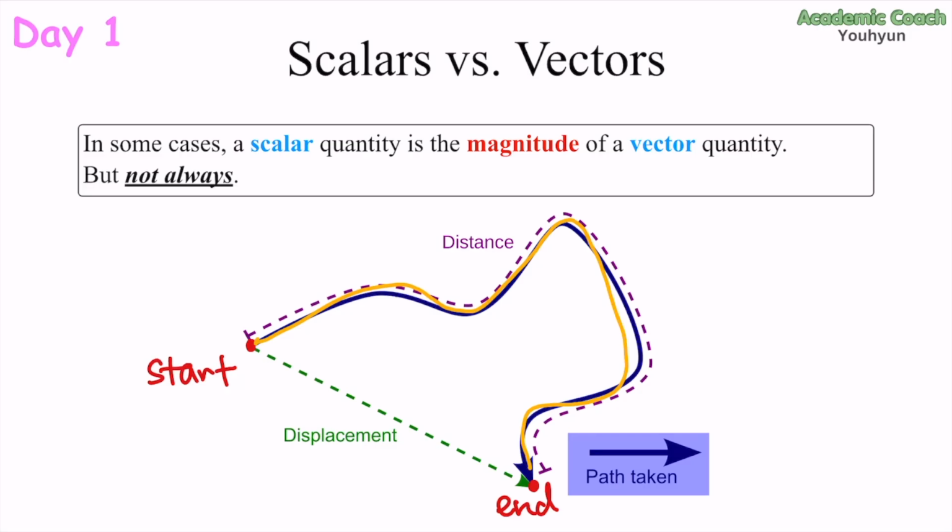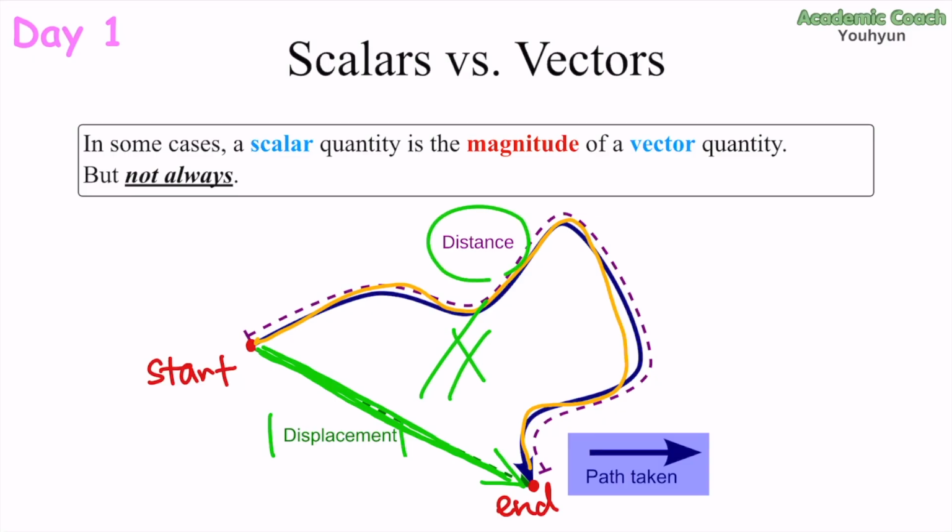On the other hand, for displacement, we connect the starting point and ending point directly using a straight line segment, and then add an arrow from start to end. The magnitude of the displacement would be the length of this green line segment. Obviously, this green line and yellow line have two different lengths. So in this case, the magnitude of displacement is not equal to the distance.